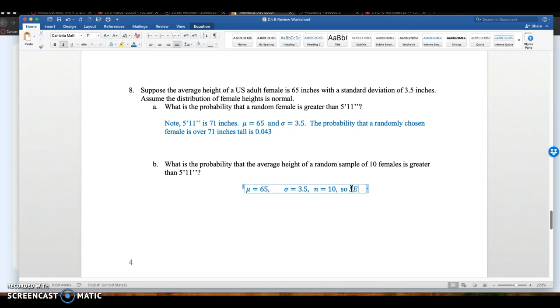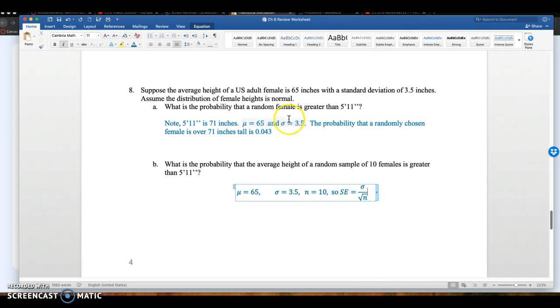Now we need to figure out standard error, and that is equal to the standard deviation divided by the square root of sample size, n.